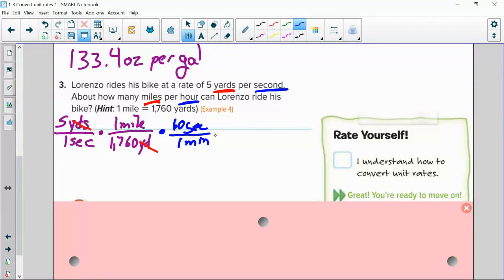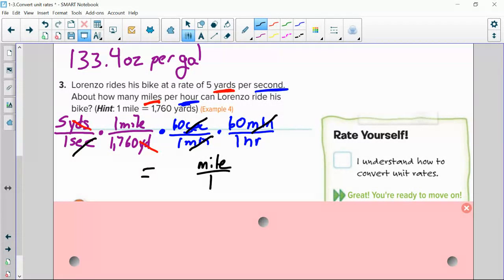But is minute what we want? No, we want hour. So then how many minutes are in an hour? Remember, you're making them diagonal from each other so we can cross out our seconds, and I can come in and cross out my minutes. My seconds get all canceled out so that when we get our answer, it is a mile over an hour.